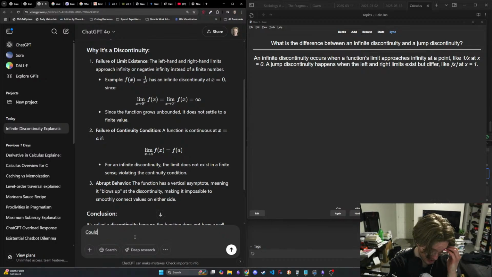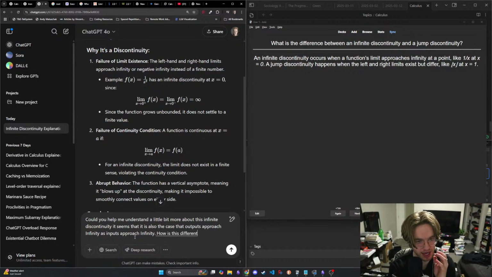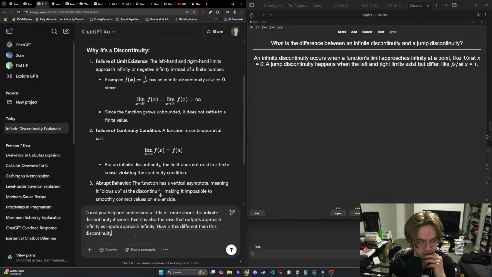Could you help me understand a little bit more about this infinite discontinuity? It seems that it is also the case that outputs approach infinity as inputs approach infinity. How is this different than this discontinuity?